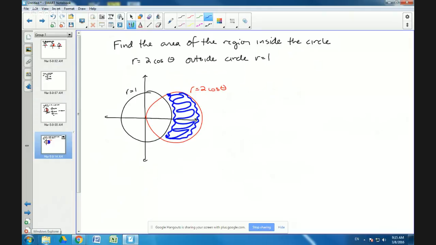We're looking for the area here. What are their intersection points? What are those numbers?